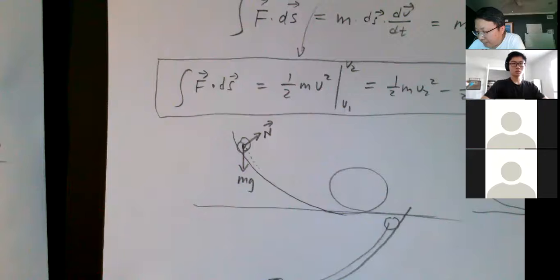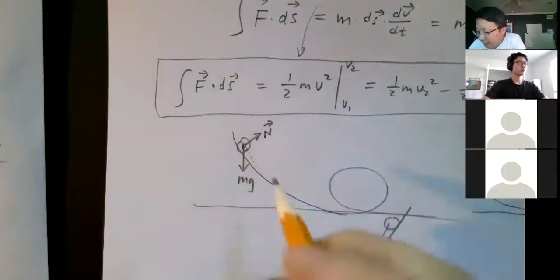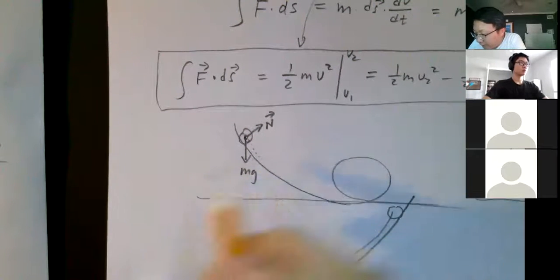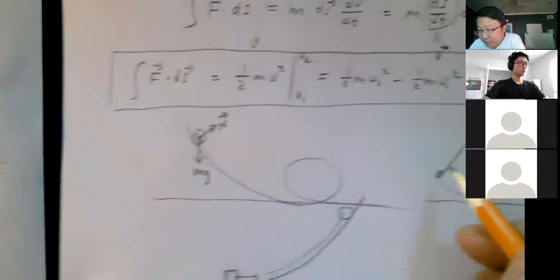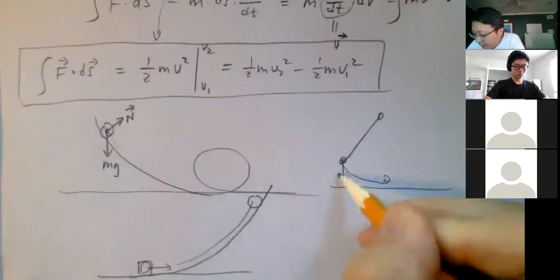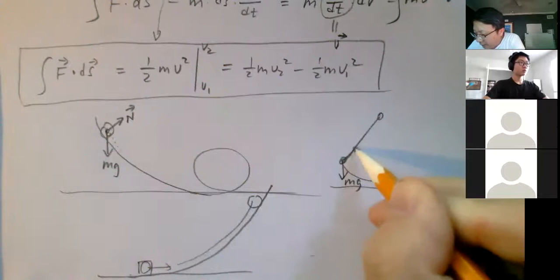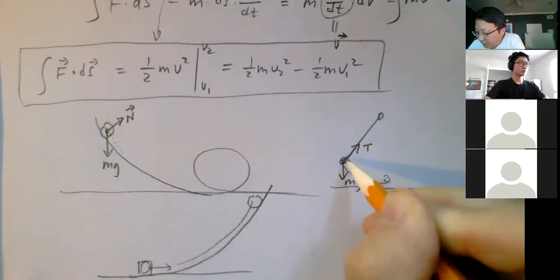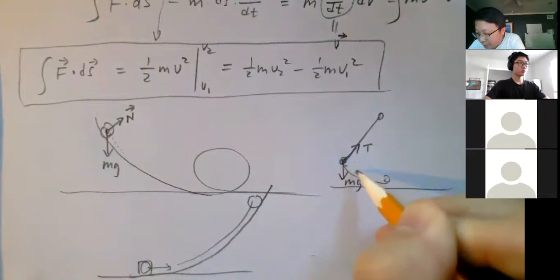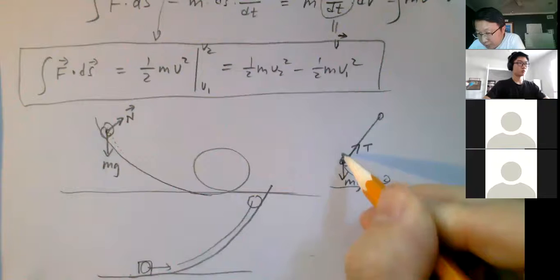In that case, for the pendulum system, you have mg and a tension force, which is also perpendicular to the moving direction, correct?